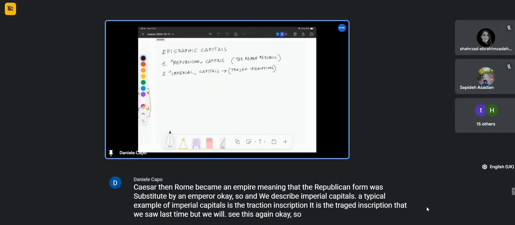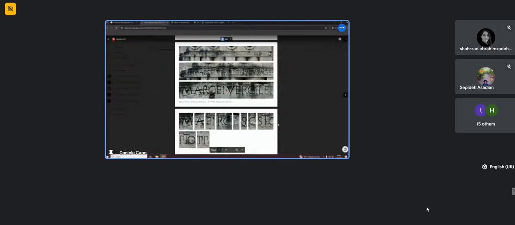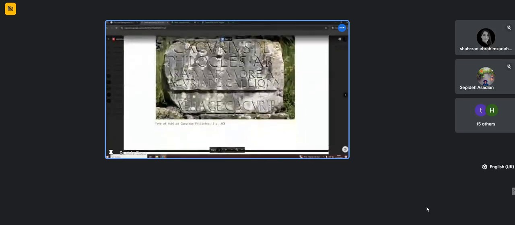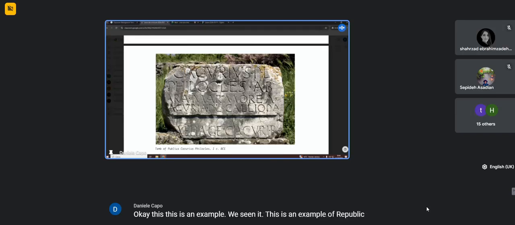Okay, so let's go to our example. We have seen it. This is an example of Republican capitals.